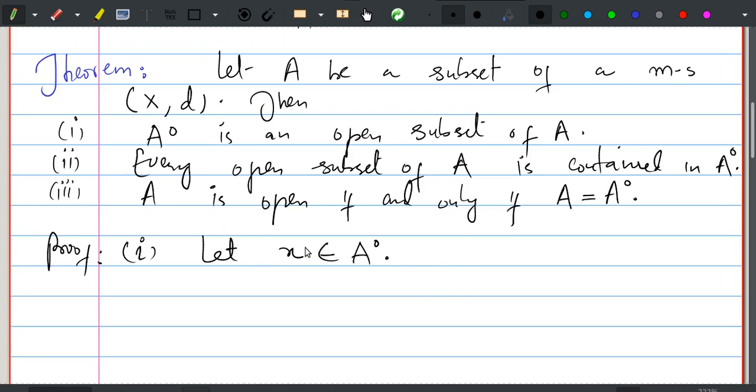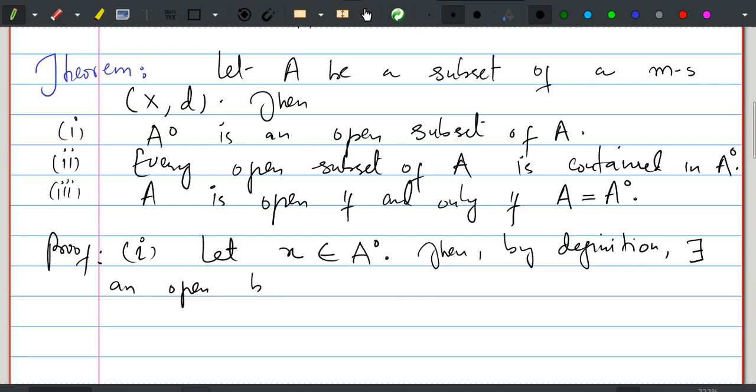Now if x is in A interior, then by definition there exists an open ball S(x, r) centered at this point x, which is contained in A.